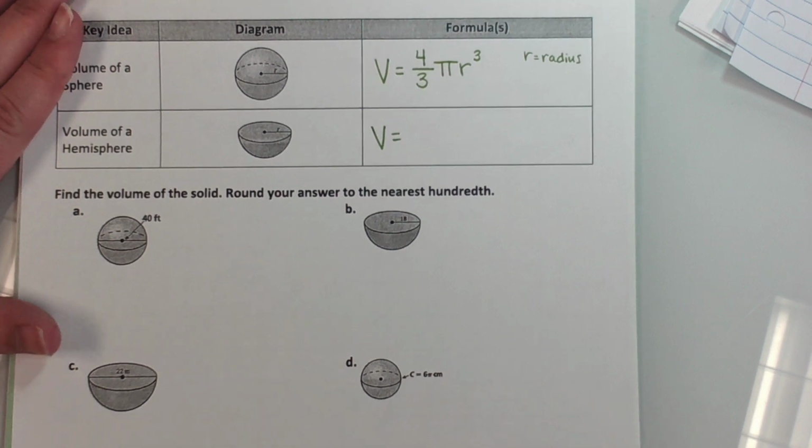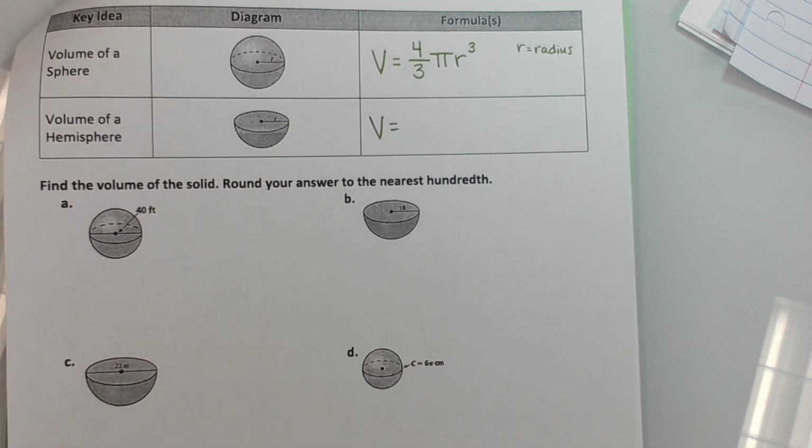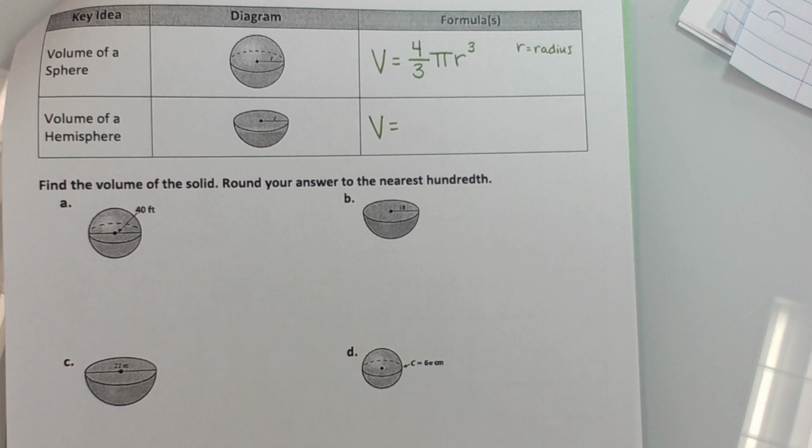Now, volume is the amount of three-dimensional space something takes up. By cutting it in half, it takes up half the amount of space. It's not like surface area, where for the surface area of a sphere you had to add on a top to the bowl once you cut the sphere in half. You don't have to add anything on to a volume. What is half of that formula?